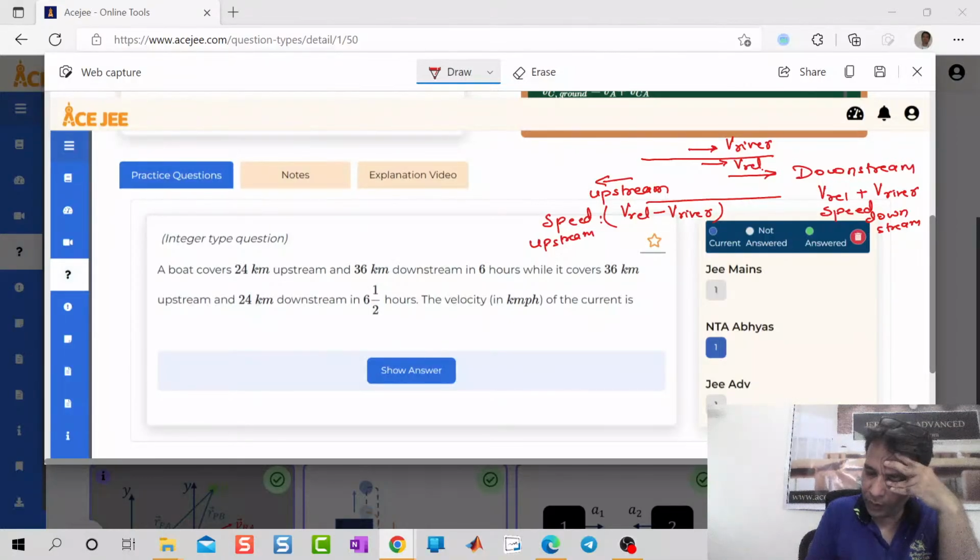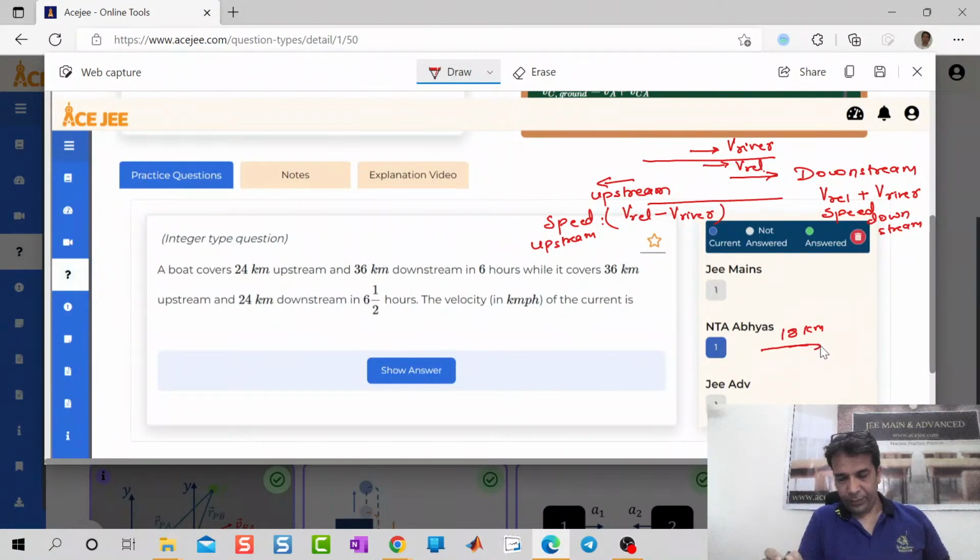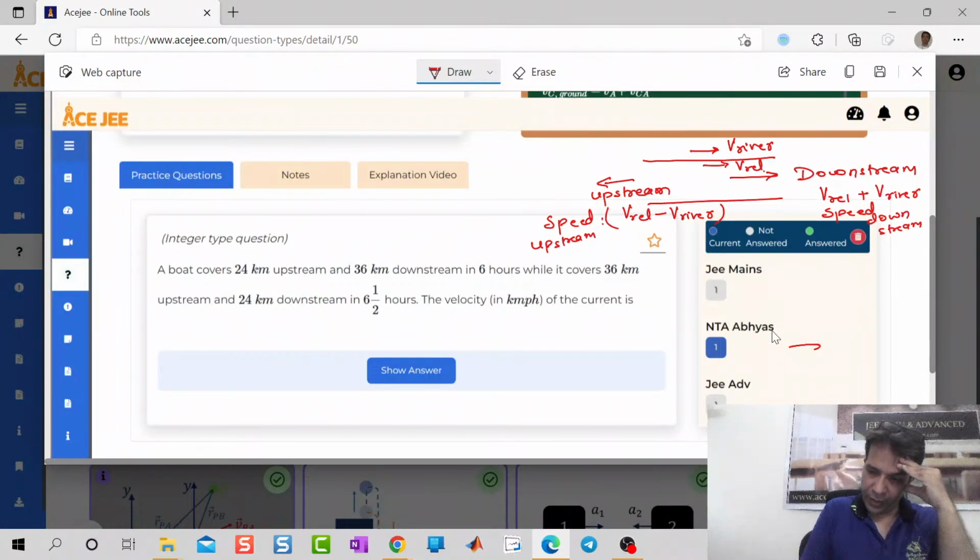So, beta, how will you do it? How will the boat do it? So it will travel perhaps, let's say 12 kilometers downstream, or say 18 kilometers downstream, comes back, or not even, let's not even think that way.